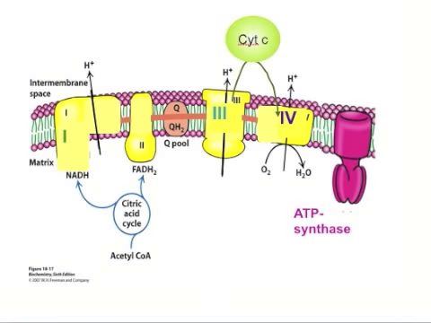The electron transport chain, under normal circumstances, is coupled to ATP synthesis. The passing of electrons down the electron transport chain provides the energy to establish a proton gradient, to provide the proton motive force for ATP synthesis.